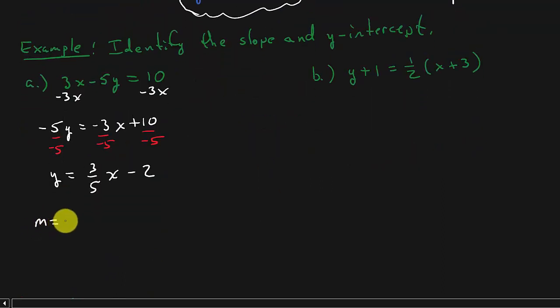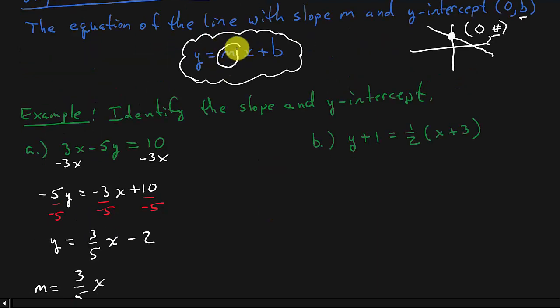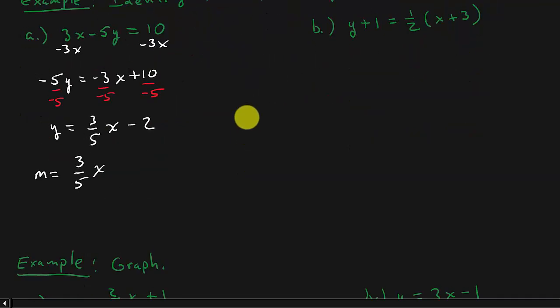So my slope is 3/5. That's the number in front of x. Now, one of the things that students always do is they'll write that as the slope. That is not the slope. The slope is m, the number in front of x. So don't include that x.